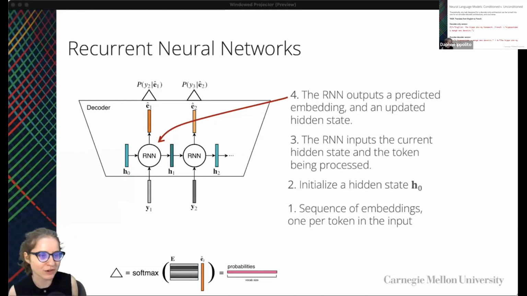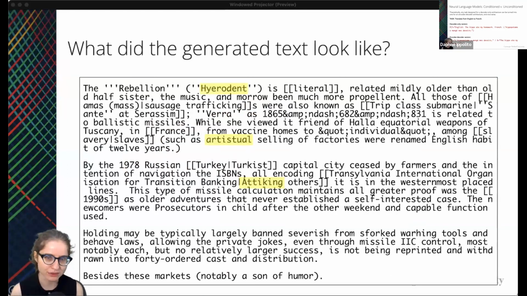But actually, every one of these RNN circles is the same thing. It's just the same neural network. So you'd really just have a loop where you're looping over your sequence, and at every step, you are making a prediction and updating your hidden state, and then you're going on. Are there any questions about this? Okay, so that's how a recurrent neural network works.